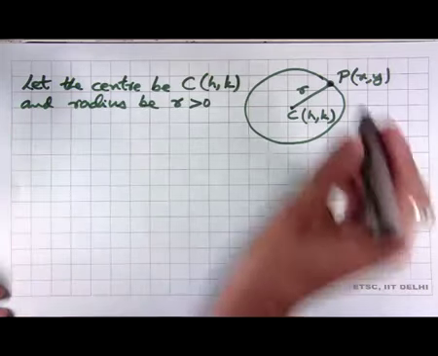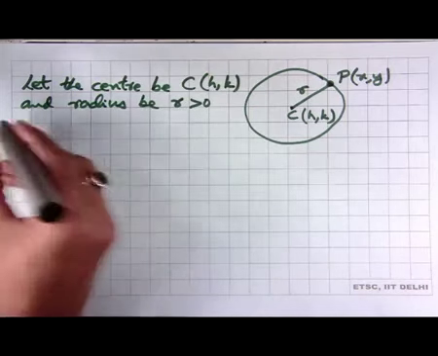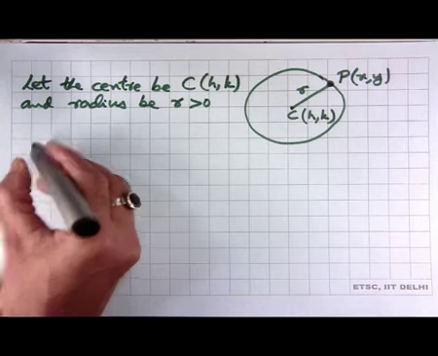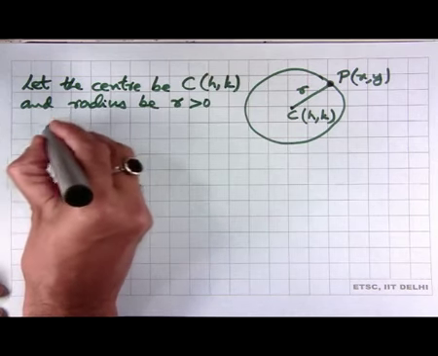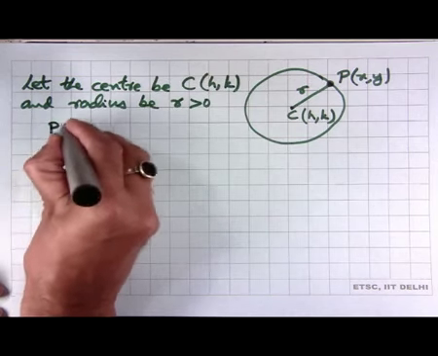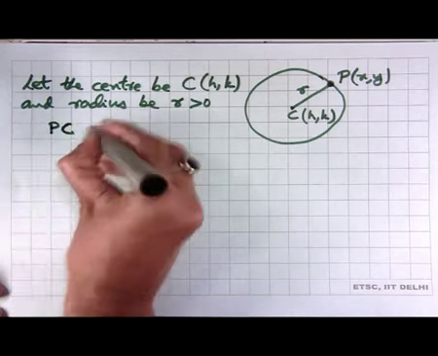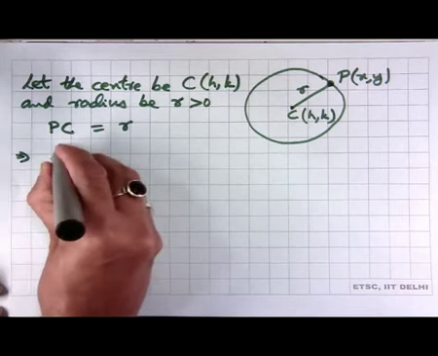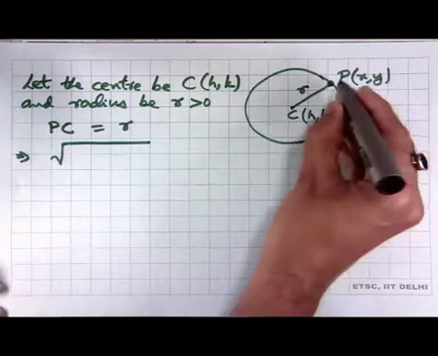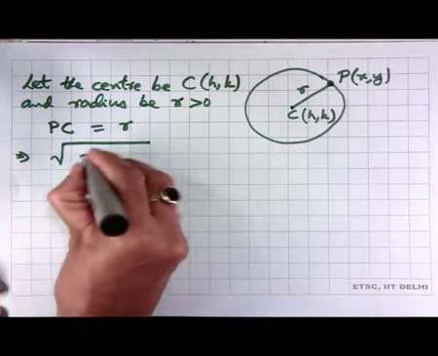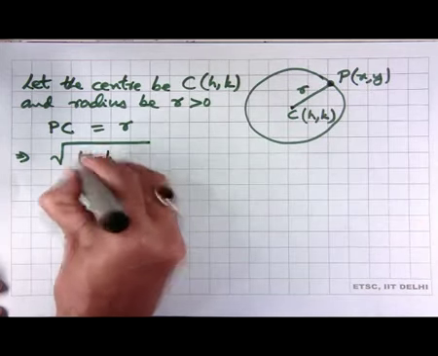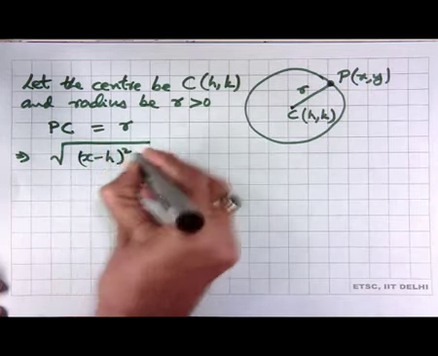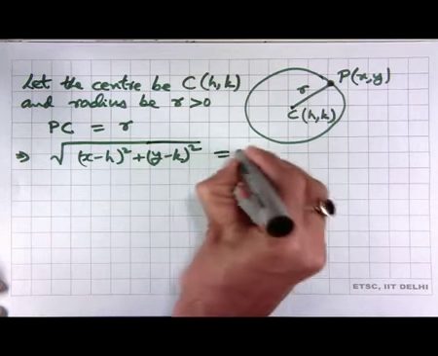Then, to find the equation of this circle we use the definition. So, we know that the distance PC is equal to r, and then by the distance formula the distance between the point P and C is the square root of (x minus h) square plus (y minus k) square, and this is equal to r.